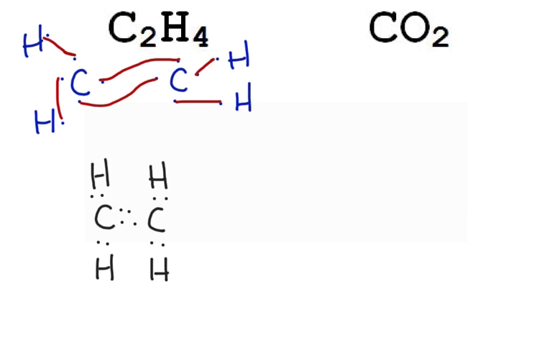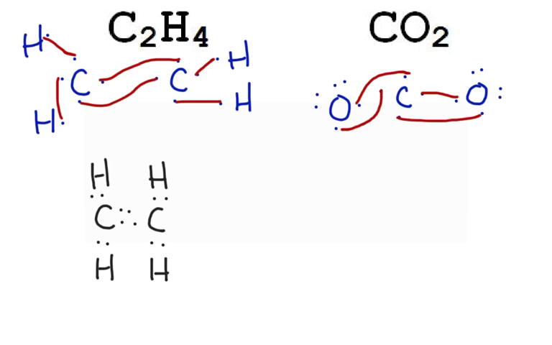Now the CO2, we would start off and say, okay, here's a carbon, 1, 2, 3, 4. Oxygen, 1, 2, 3, 4, 5, 6. And another oxygen, 1, 2, 3, 4, 5, 6. Now this carbon could bond onto an oxygen, and this carbon could bond also onto an oxygen.